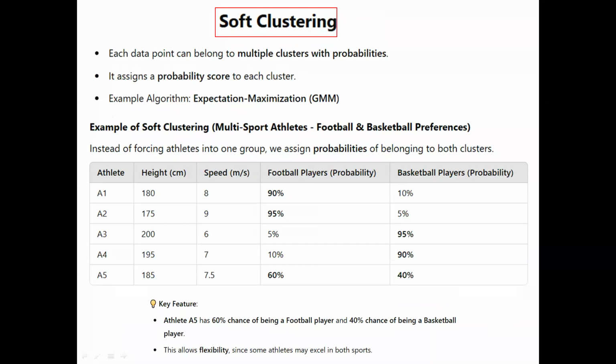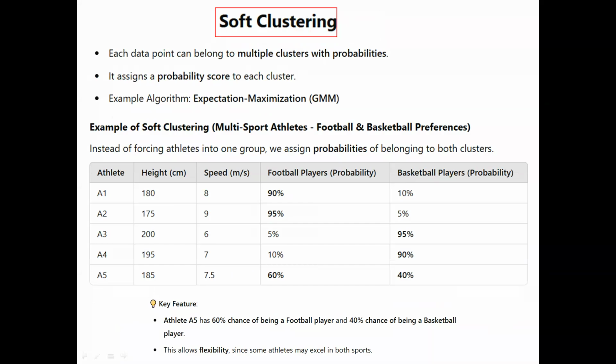As far as soft clustering is concerned, it is probability based: expectation maximization, GMM algorithm, EM algorithm. Multiple approaches are used in soft clustering, in which the data item or data point may belong to multiple clusters with probabilities.